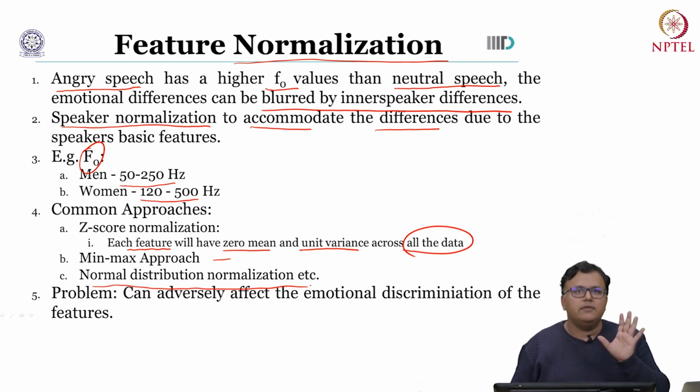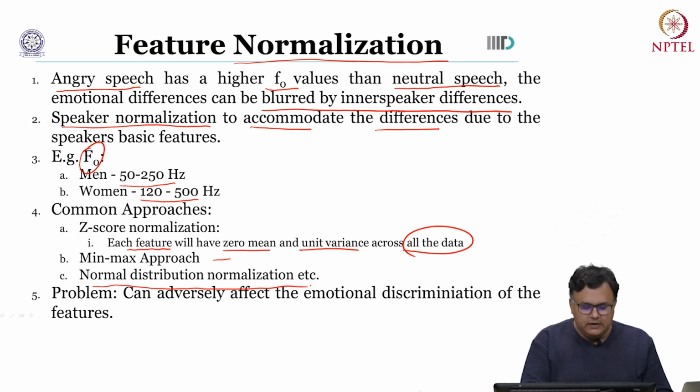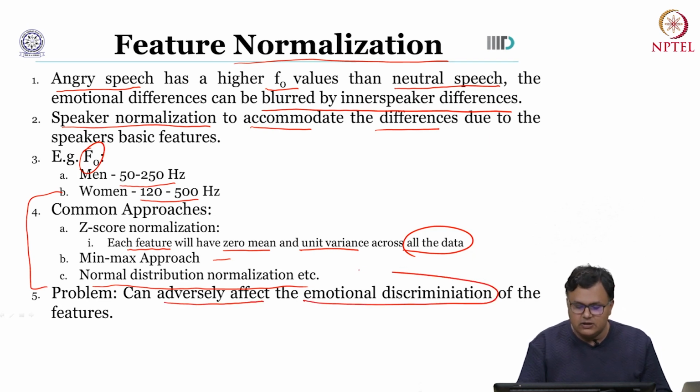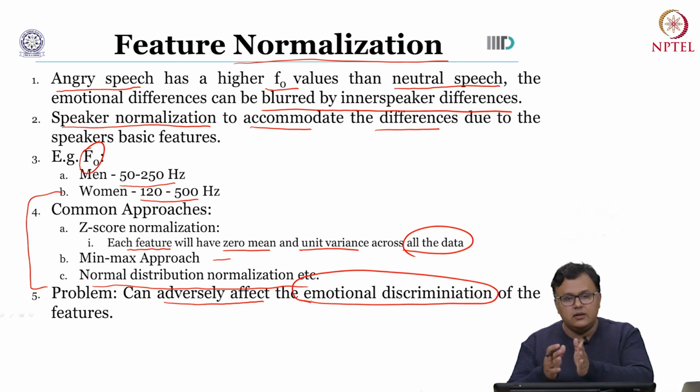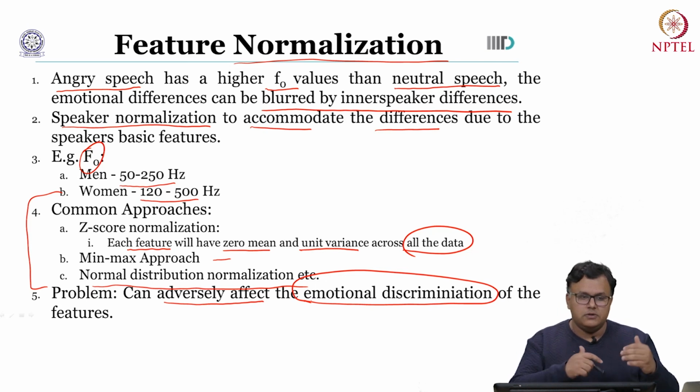Now, here is a problem with these standard yet very commonly used features. The problem is these feature normalization techniques can adversely affect the emotional discrimination of the features. Our observation is that, due to the differences between speakers, the observable difference between the features for different emotions varies.